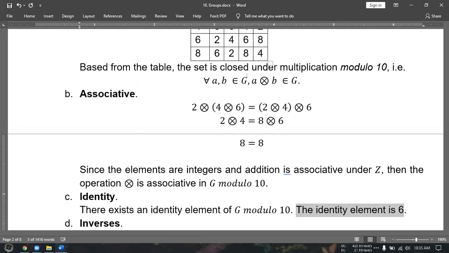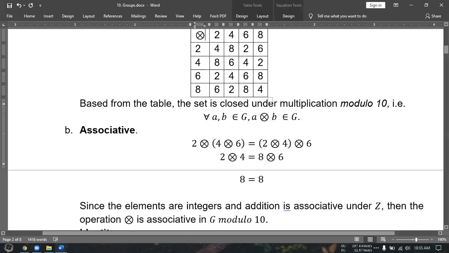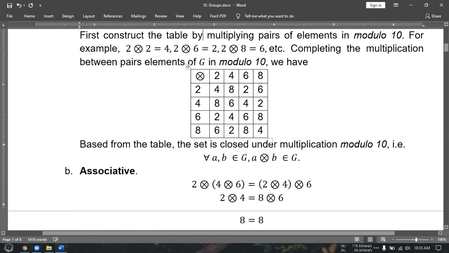Now, existing ba yung inverses ng lahat? Last property or last condition: every element of G must have their inverses. Let me ask you, for each element, what is the inverse of 2?